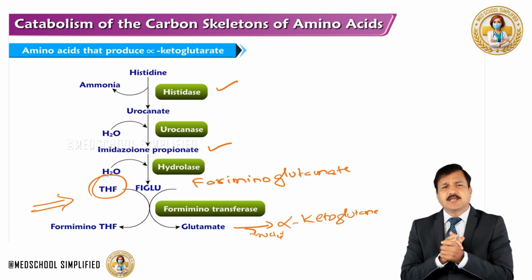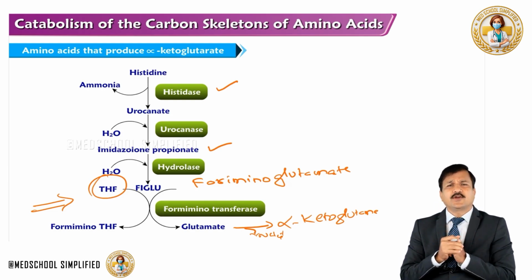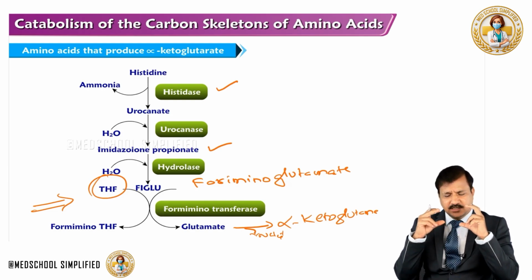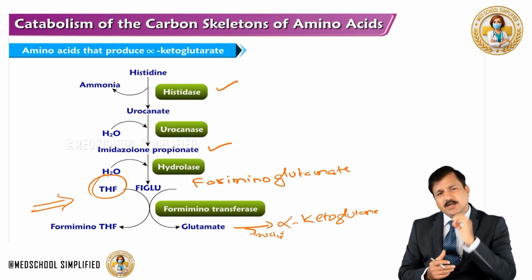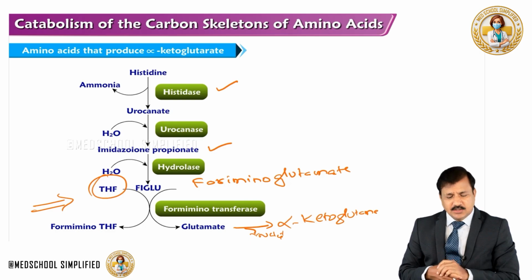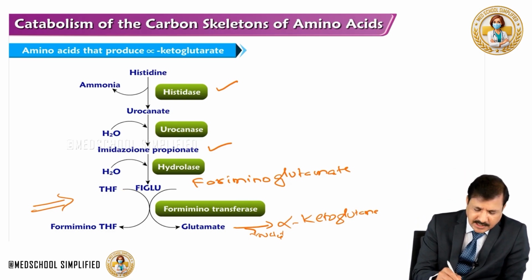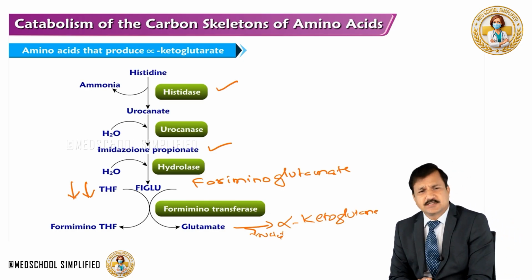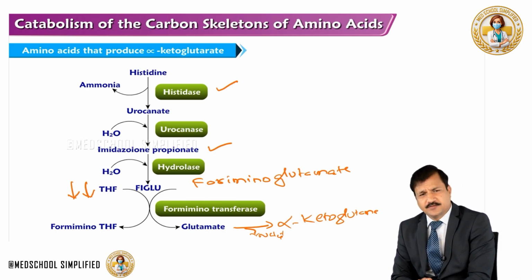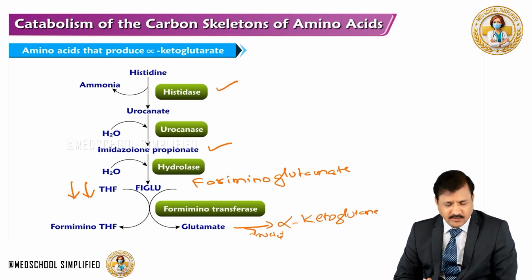Now some applications. In the last reaction of histidine conversion into alpha-ketoglutarate, where FIGLU is converted to glutamate, there is a requirement of tetrahydrofolate. So what if there is a deficiency of tetrahydrofolate? Let's decrease tetrahydrofolate now. Folic acid makes tetrahydrofolate, so with folic acid deficiency, what will happen?